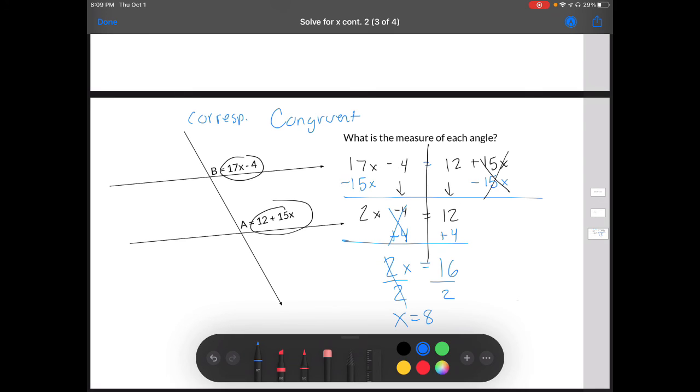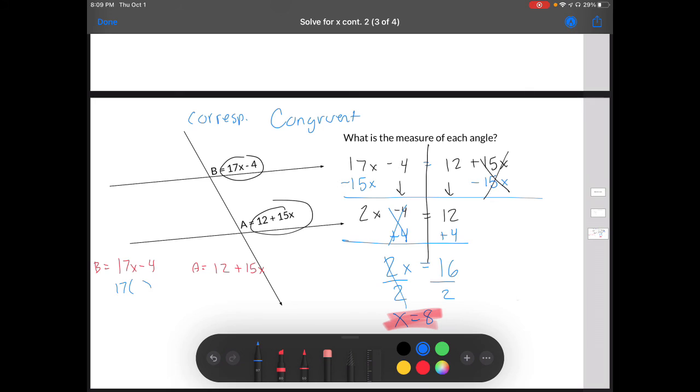Once you know what x equals, when it asks you to find the measure of the angles, you take both angles. So I'm going to take 17x minus 4 and 12 plus 15x. Okay, so that's B and A. We're going to plug in that x.